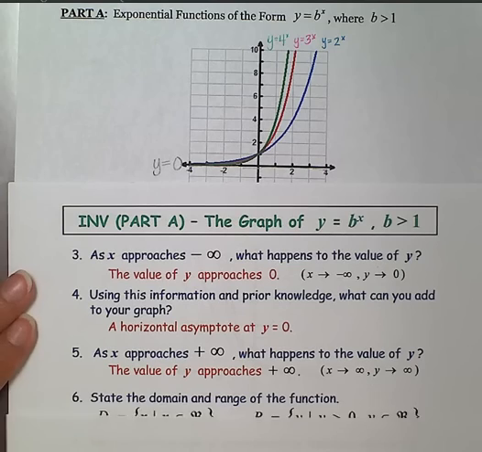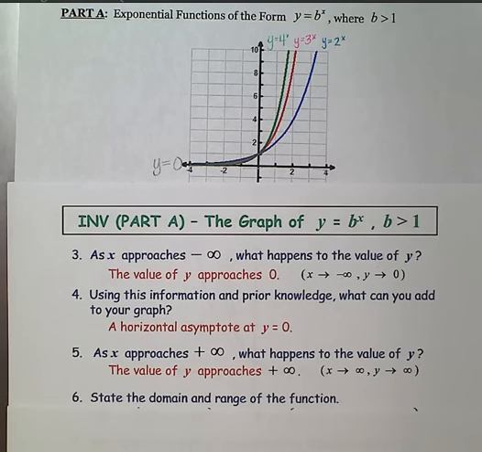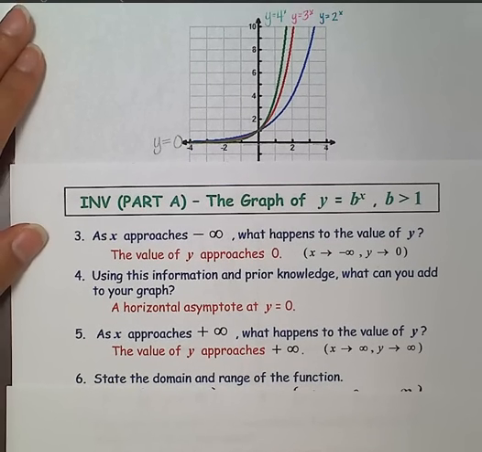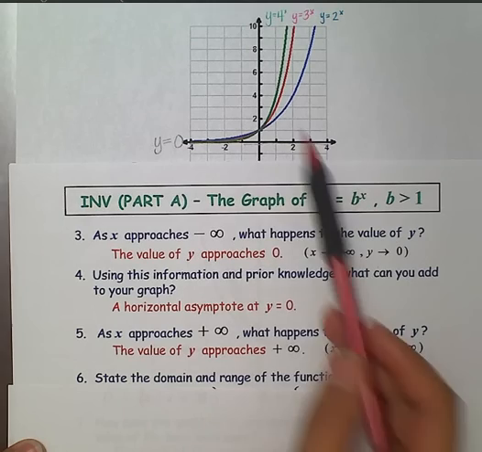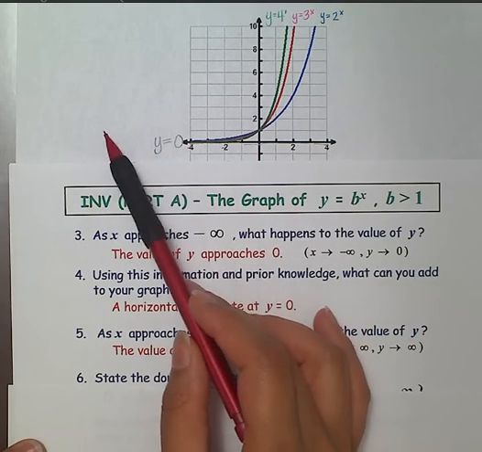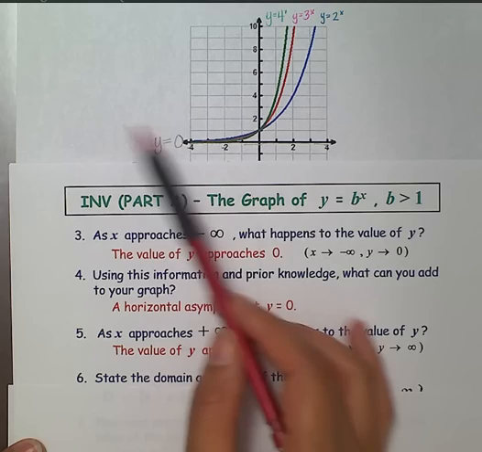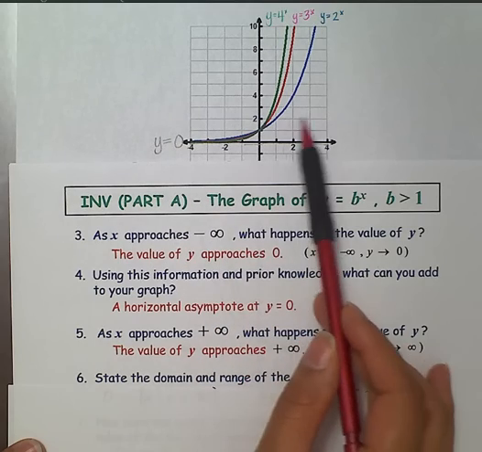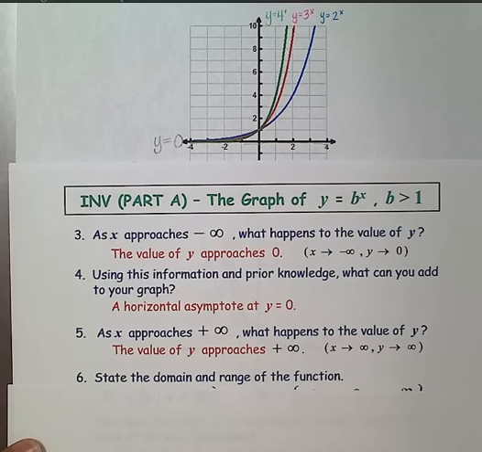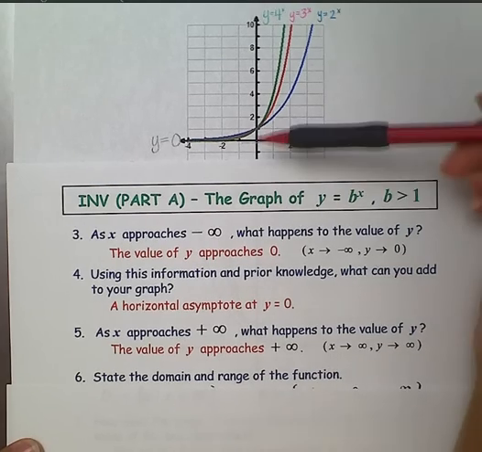The next part asks for the domain and range. For the domain, think about how far to the left and right the graph can extend. There is no limitation on the smallest value of x, and no limitation on how large x can be, so the domain is all real numbers. But for the range, there is a limit to how low y can go.